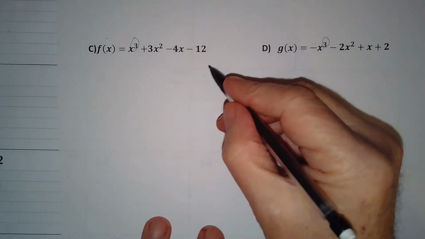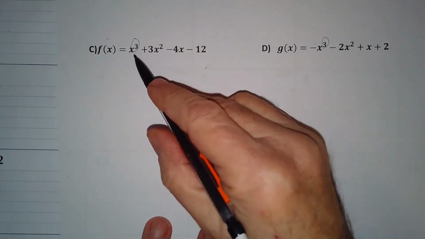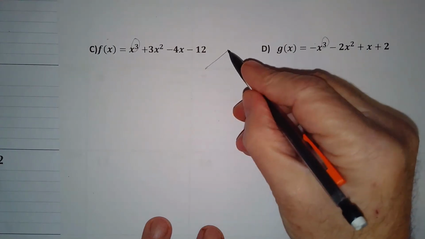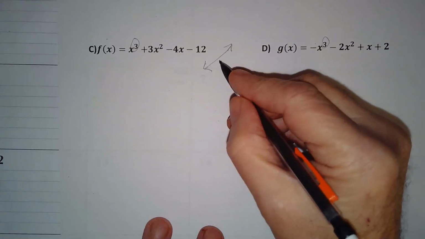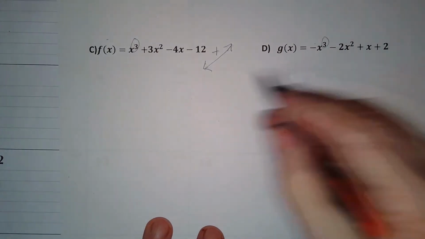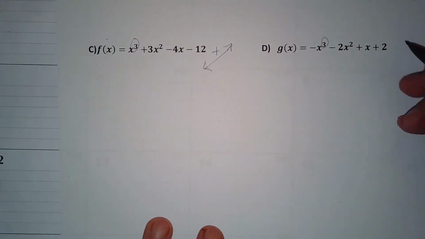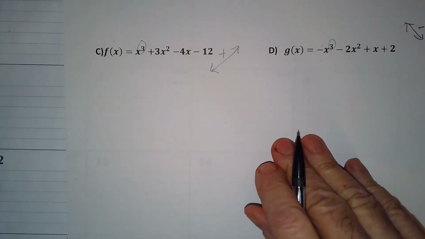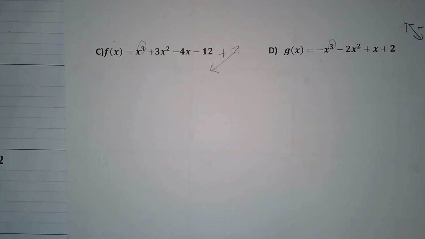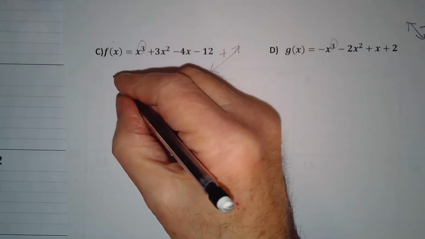You're going to end up basically with a graph where, since the leading term is positive, it's going to start down and it's going to go up. Okay? So this is a positive slope for an odd-degree leading term. Okay? And then obviously it's going to be negative over here because I've got a negative leading term. So that's negative. All right, and so our leading term is positive x cubed.